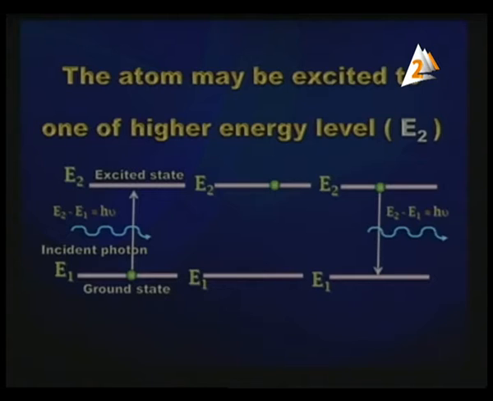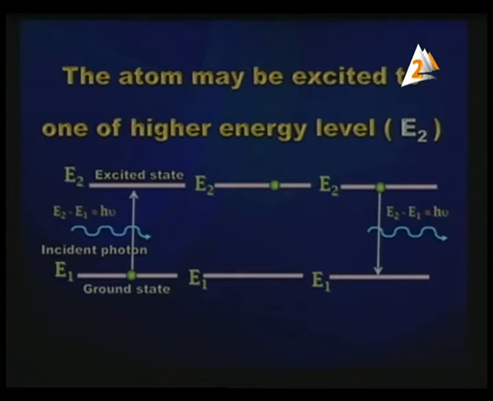The atom absorbs this particular photon and it makes a transition to E2. E2 denotes the excited state. There is a lifetime which is very short. The electron stays for a very short time. Then it relaxes again to E1 to give a photon which has an energy equal to E2 minus E1. And of course, it is equal to h nu.